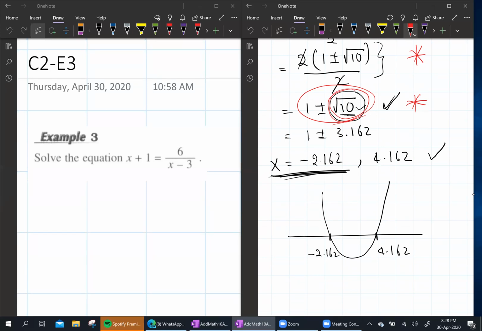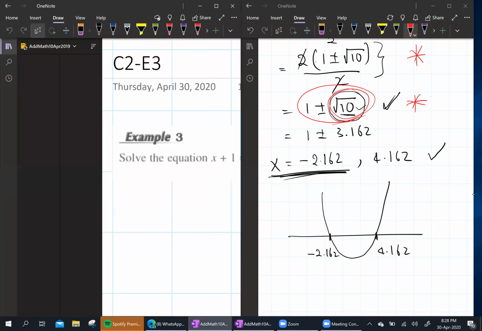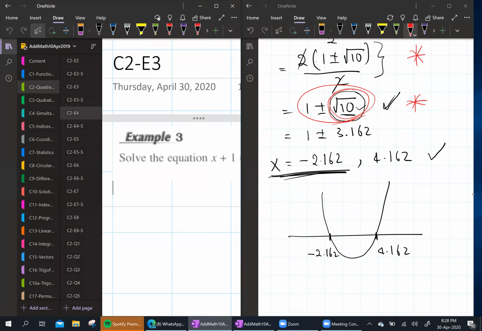Okay, so we go to the next example. Example 4.